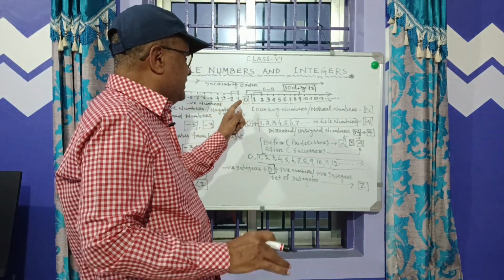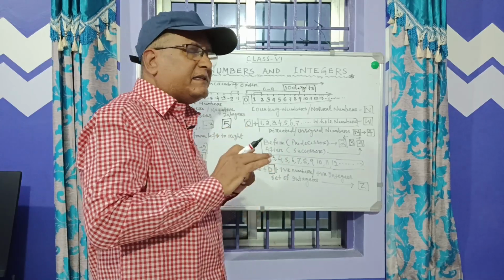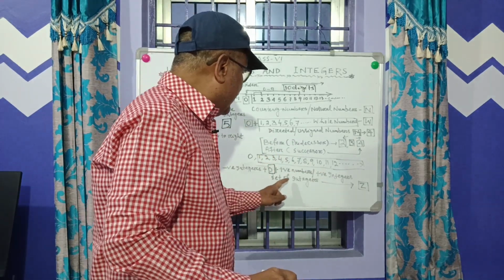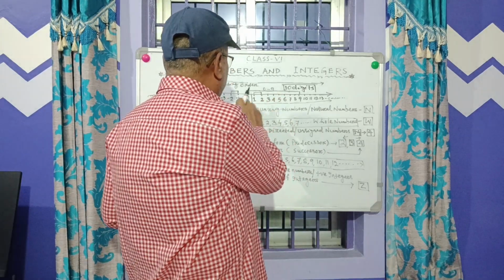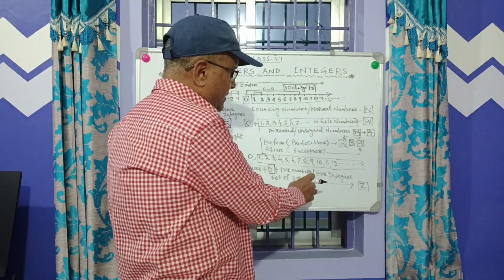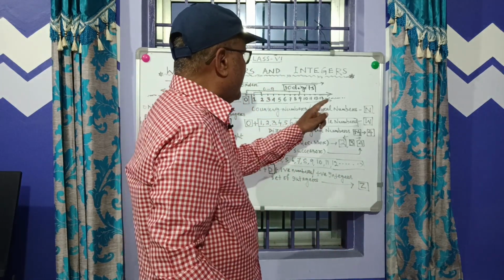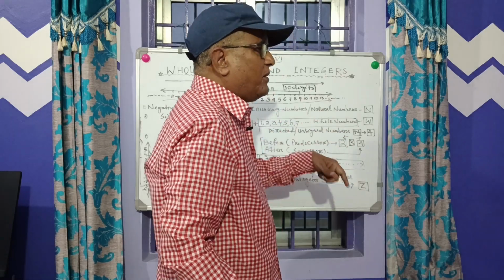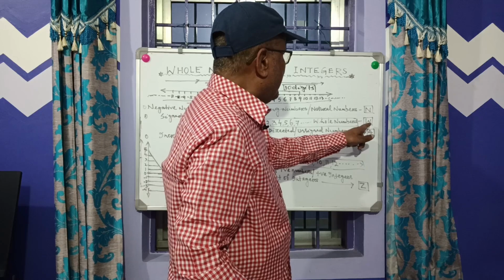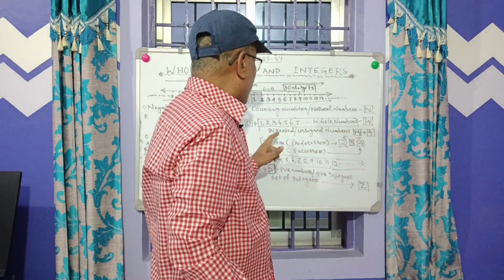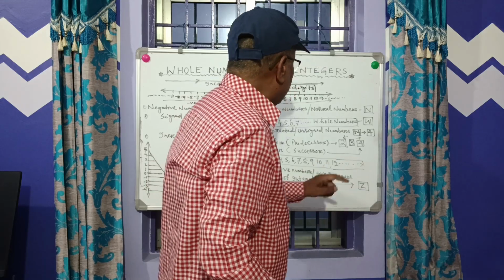But when 0 is added to them, which is neither positive nor negative, they make a set of integers, positive, negative, and 0, denoted by the symbol capital Z. Natural numbers are denoted by capital N, whole numbers by capital W, and integers by capital Z.